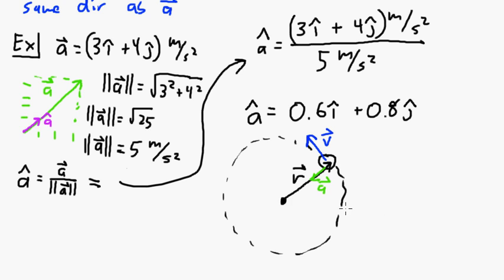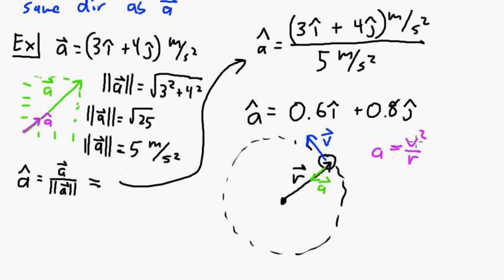Well, we know already that a equals v squared over r. That's a common thing we know for motion, but this is just scalars. This is just magnitudes. This tells us the magnitude of a compared to the magnitude of r and the magnitude of v.